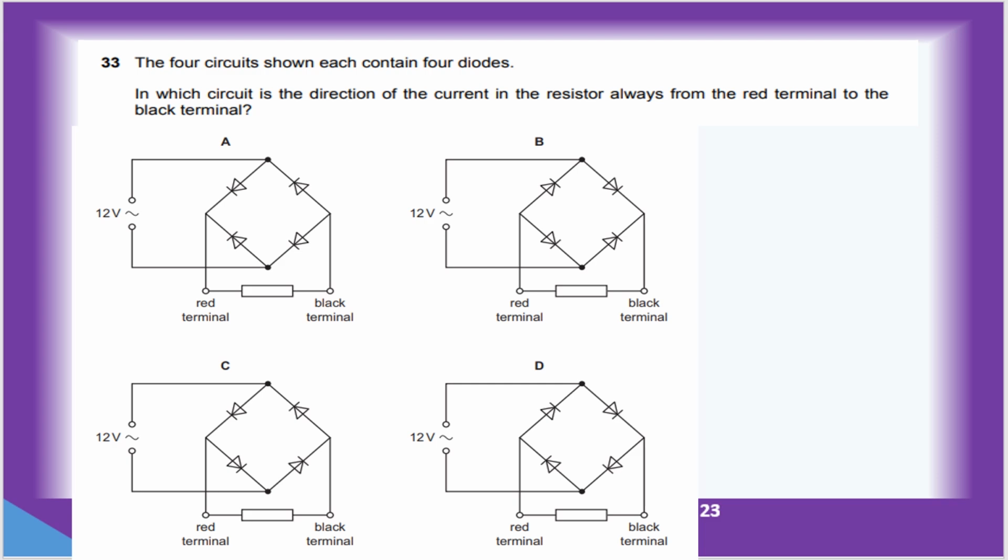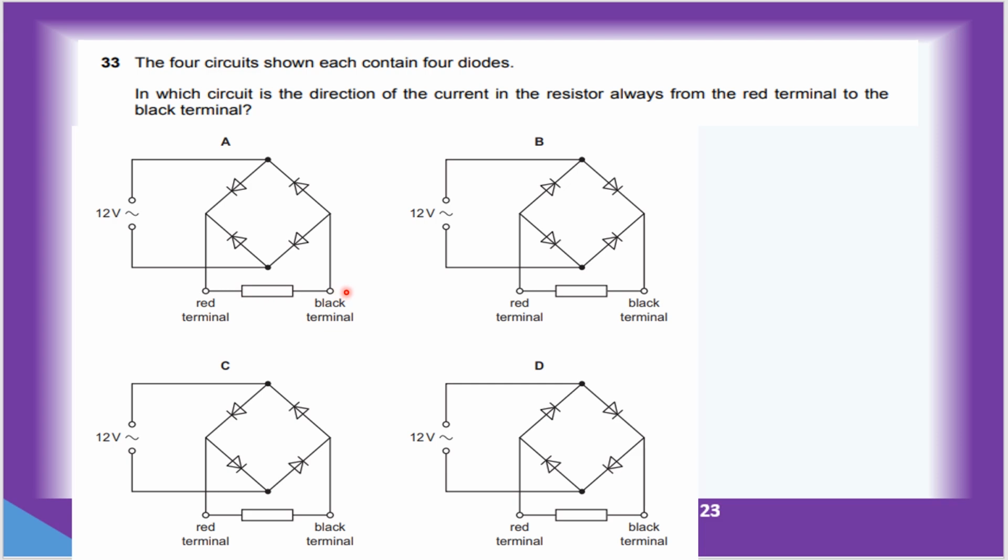Red to black only. Mind you, the way current flows in a diode is that current flows in the direction of the diode symbol, comes here to the red terminal, and it goes there. This is correct.